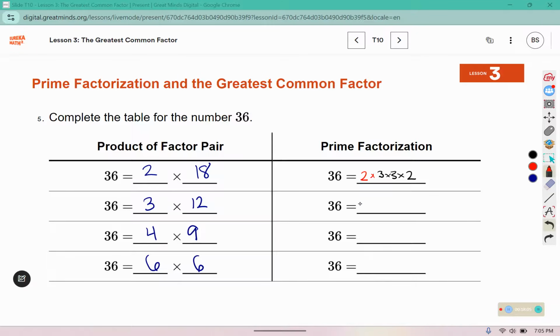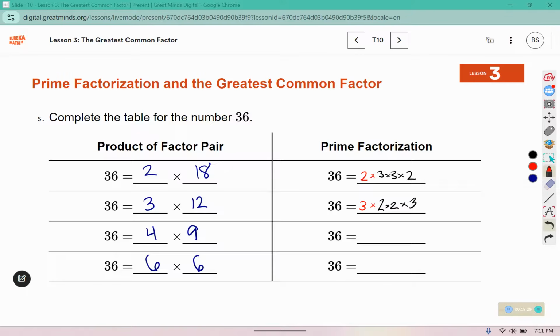In this case, 3 is a prime factor, but 12 needs to be broken down. 12 can be split into 4 times 3, and 4 is also composite, so we can break that down into 2 times 2. Notice we have 2 2's and 2 3's in both of these expressions.